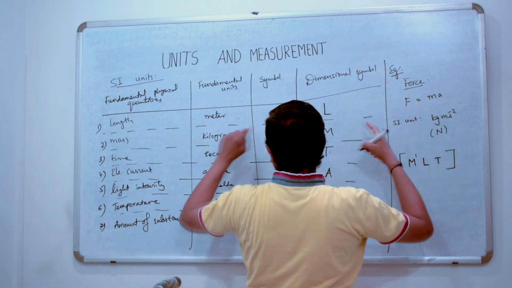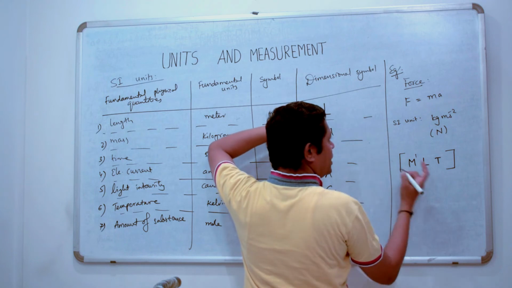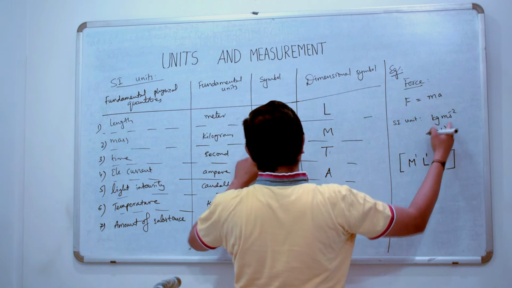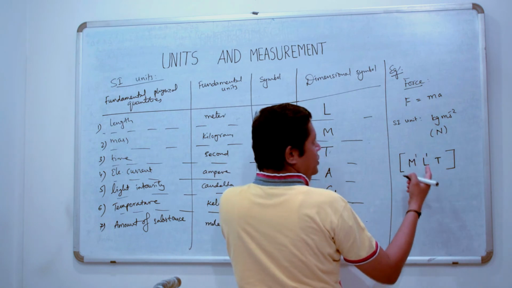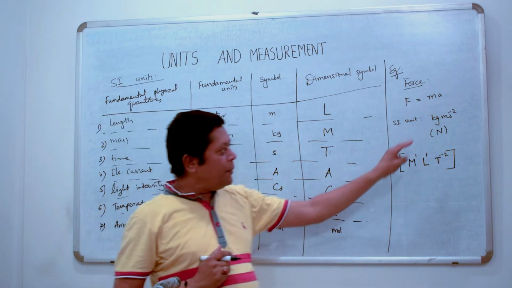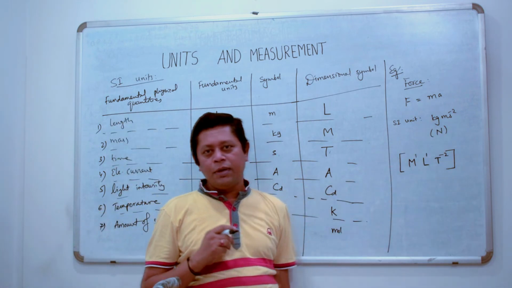Meter stands for length, the dimension is L, so 1 time is L^1. Second is for time, the symbol is T, and the power is -2. So directly from this unit you can write the dimensional formula.